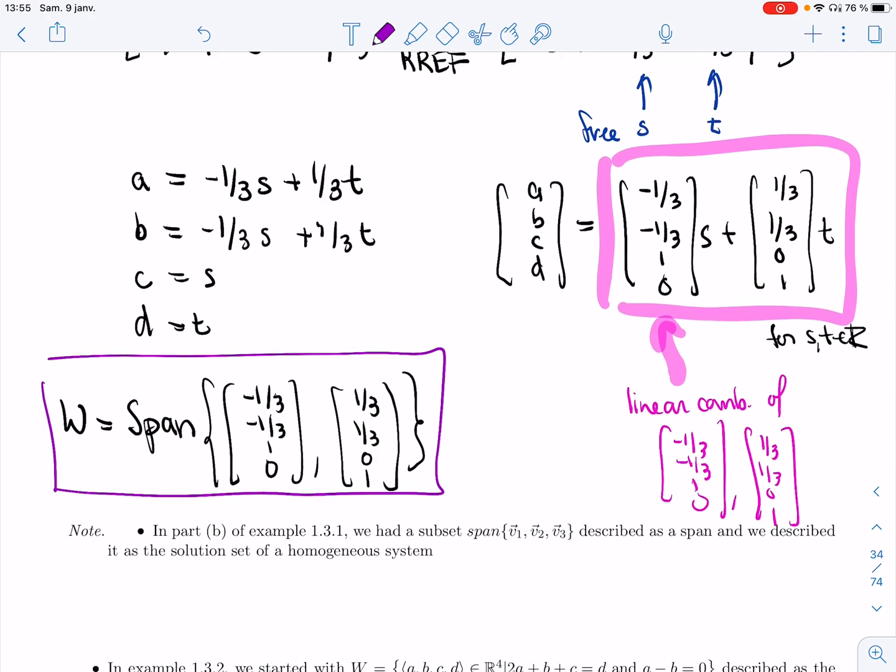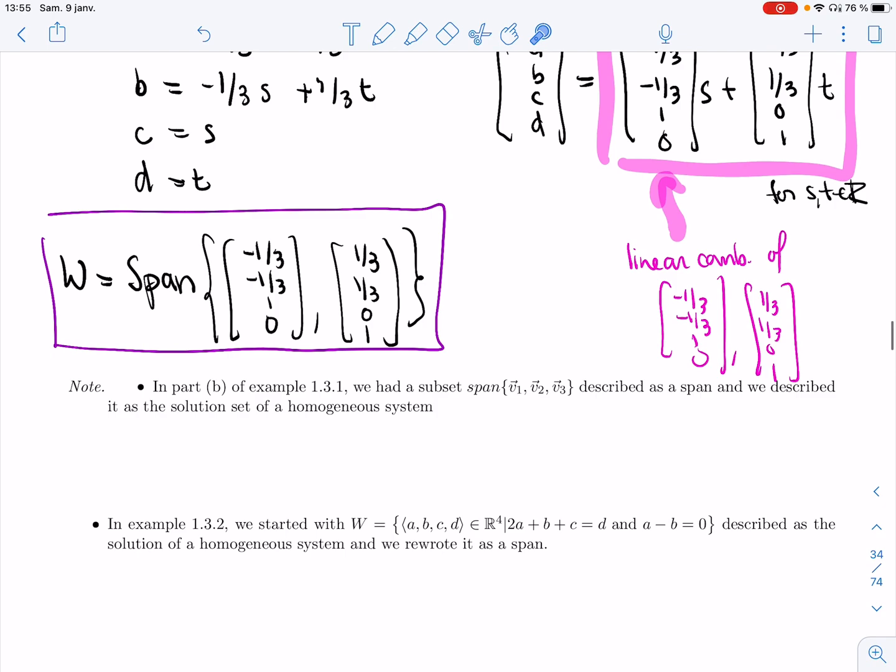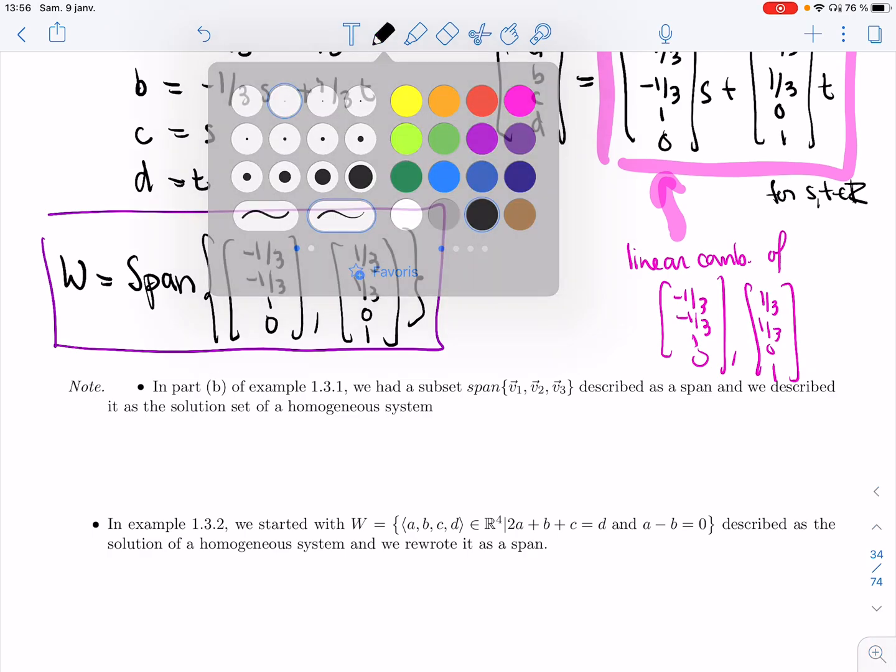All right, so the last two examples in some ways did opposite things, and I want to make sure it's clear because you need to be able to do those two things, and it's nice to have them one next to the other. So in part B of example 1.3.1, we started with a subset, the span of v1, v2, v3, and we described the span as the solution set of a homogeneous system.